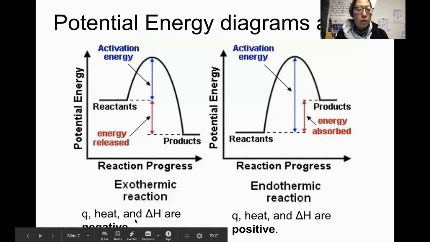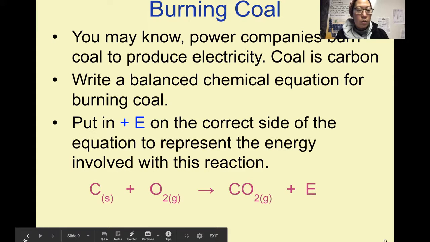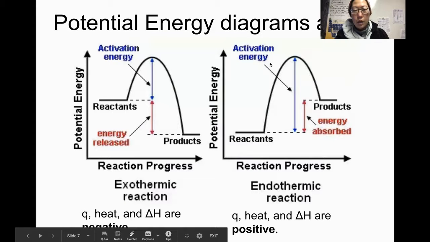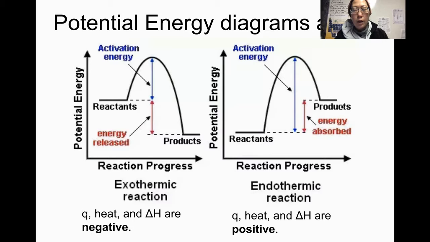Q, the heat, and delta H are negative. On the right, we have an endothermic reaction. Heat and delta H are positive. Here, the reactants have absorbed energy and the products are at a higher potential.